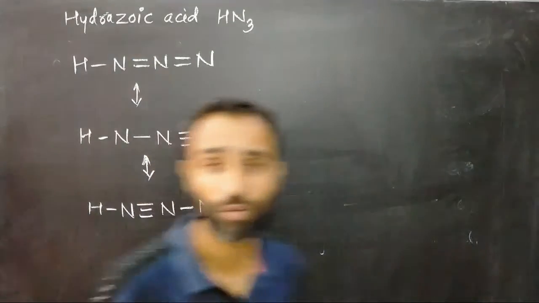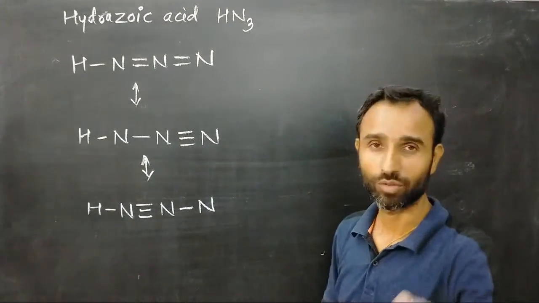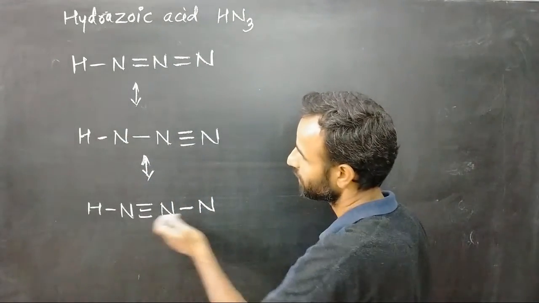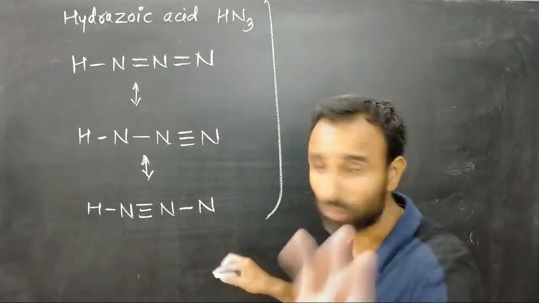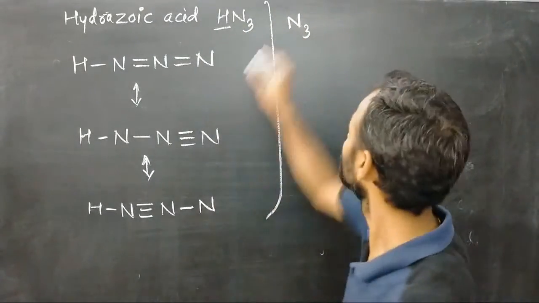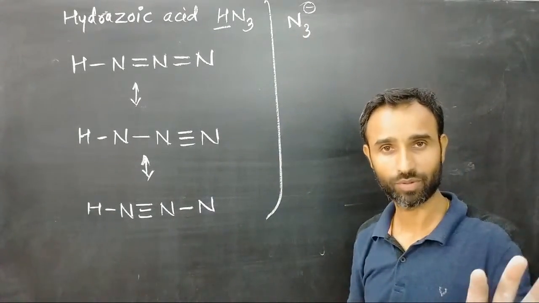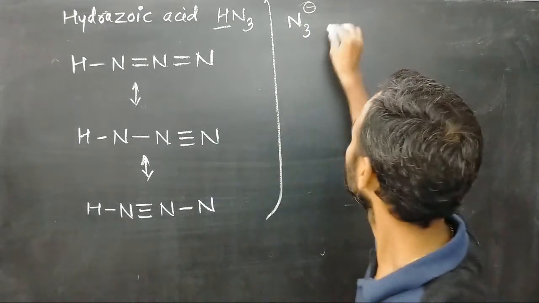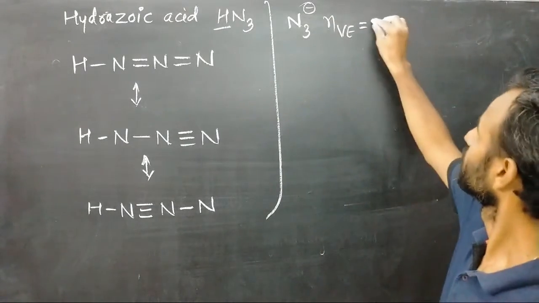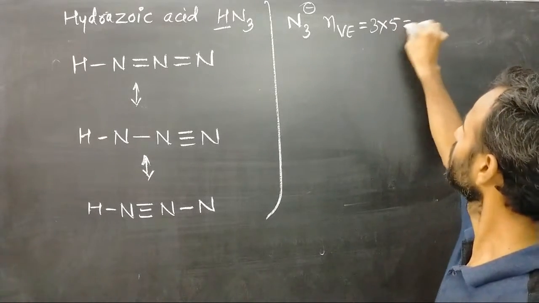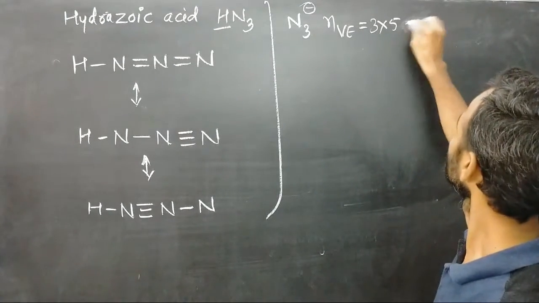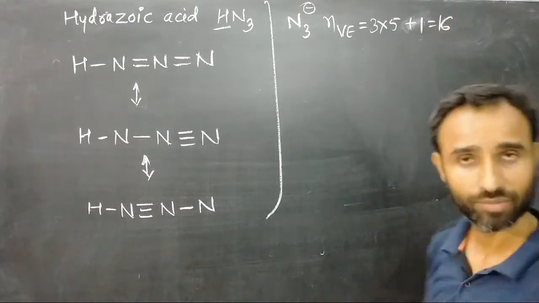Now the basic question you can ask is, why do you write double, single, triple, single? So how could we calculate? See, if we have N3, remove H, it is N3 negative. In N3 negative, the number of valence electrons is 3 into 5, 15, plus 1, total 16.